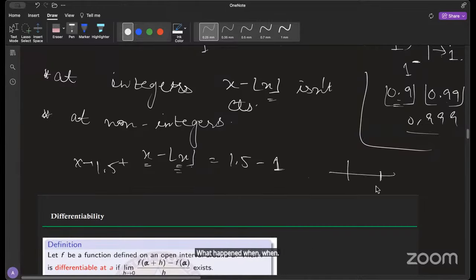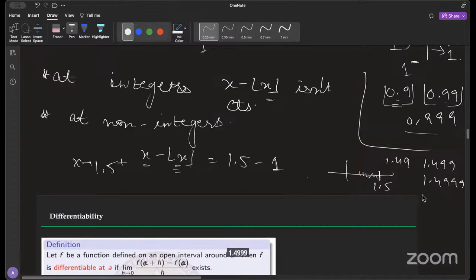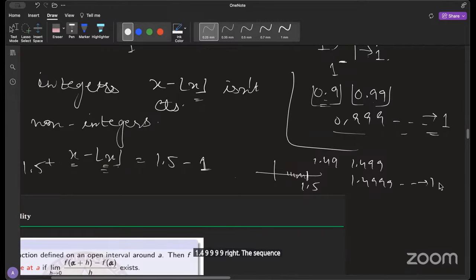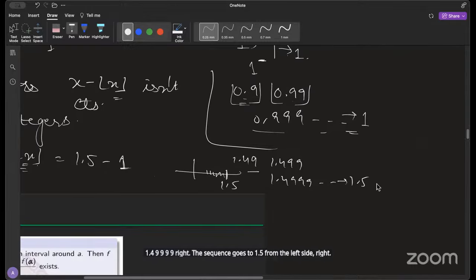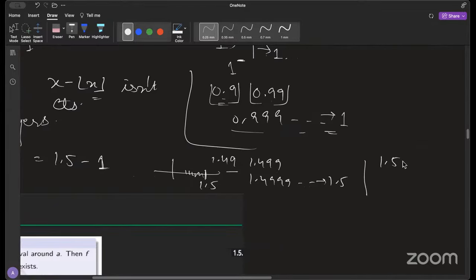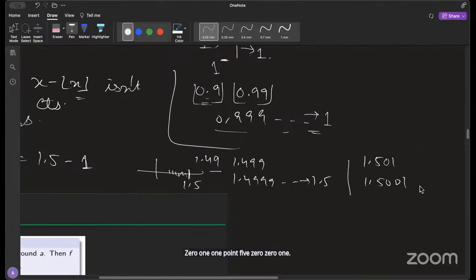The key point here is if you take sequences, it will be 1.4, 1.49, 1.499, 1.49999, right? The sequence goes to 1.5 from the left side. Then let's take another sequence, 1.5001, 1.50001, and so on. This goes to 1.5 from the right side.